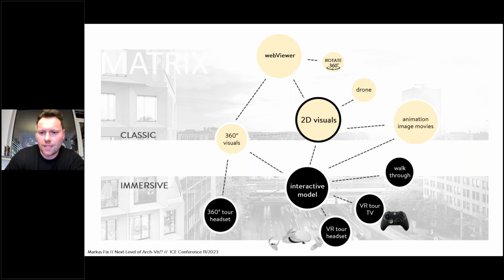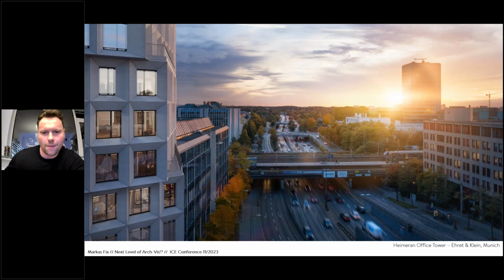But let's jump first to some classics. Of course, that's the important base, and on top of this comes the immersive stuff. Here you see the Heimeran office tower in Munich. We supported them with images and 360 panoramics during marketing and distribution.